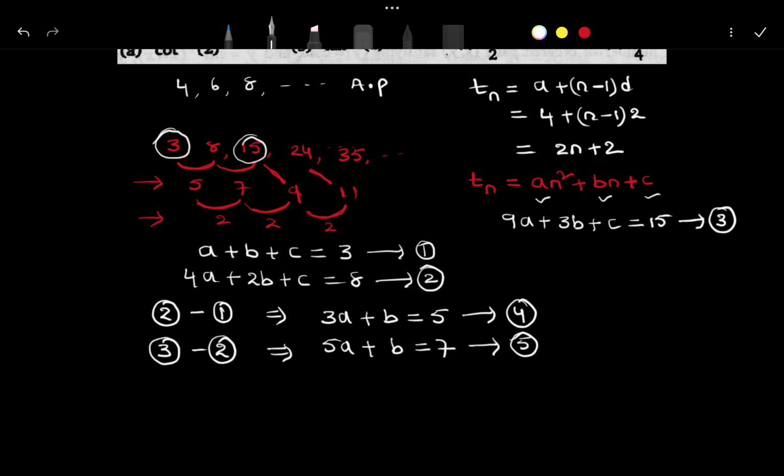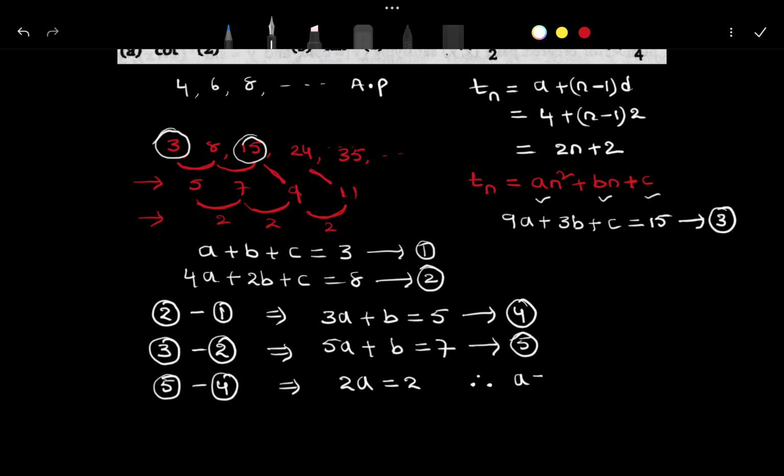Again, solving the fourth and fifth equations, 5 minus 4. 5a minus 3a is 2a, plus b minus b is cancelled, 7 minus 5 is equal to 2. From this, a is equal to 1.